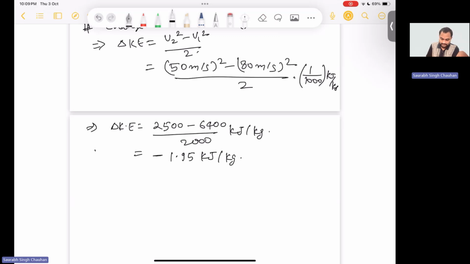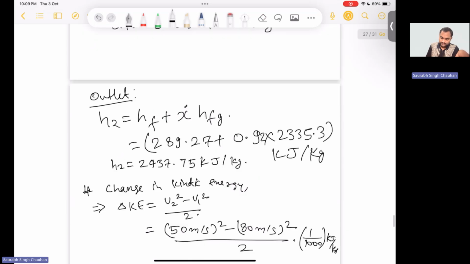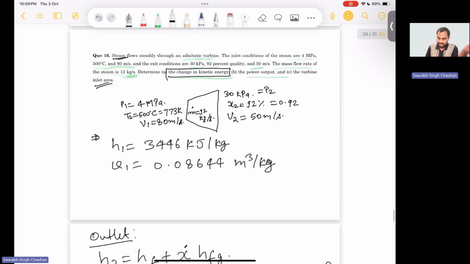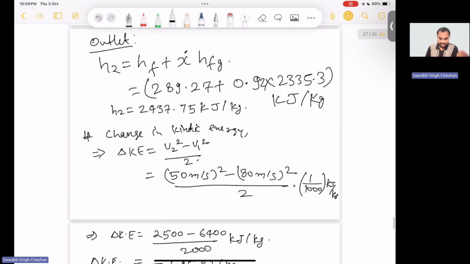If you are getting some different value, just let me know. So change in kinetic energy was very easy because velocities at both inlet and outlet were given, so you just have to find the difference.